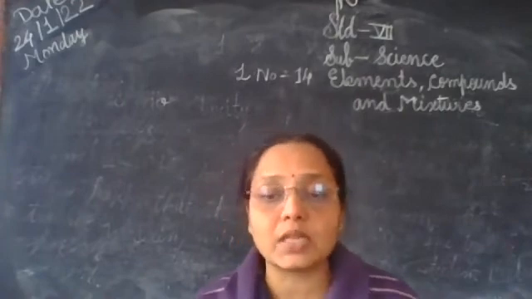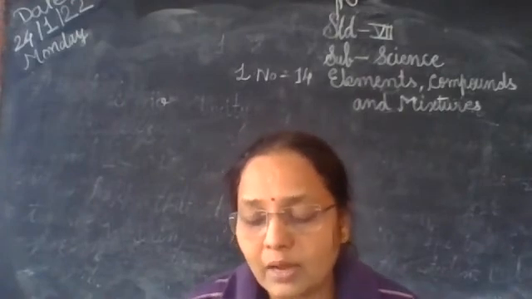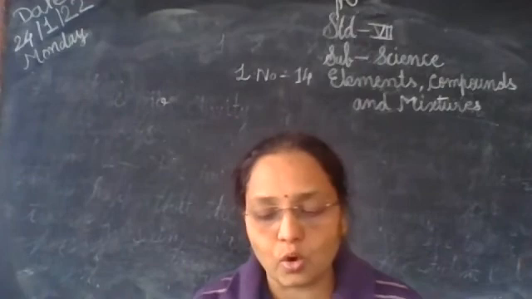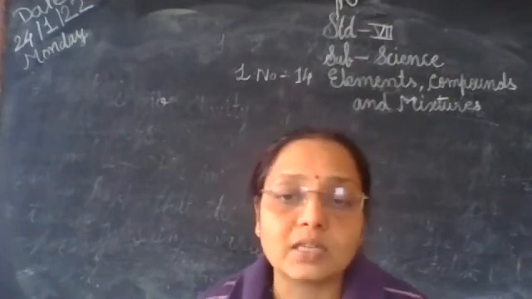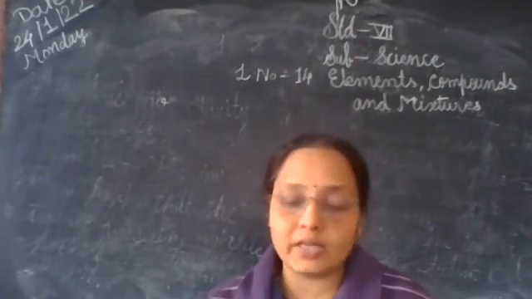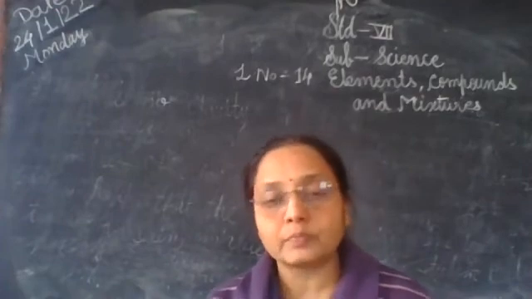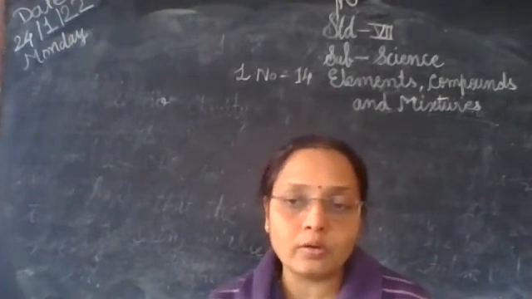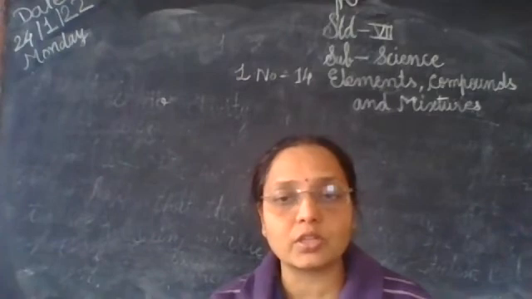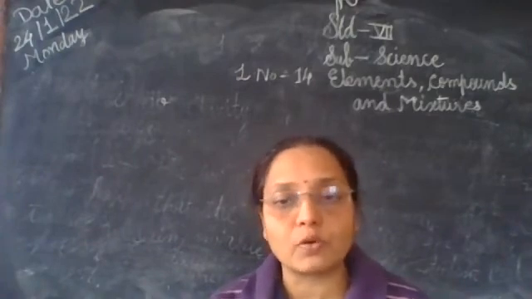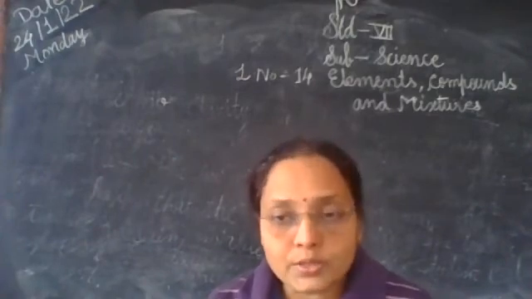Compounds means the substances formed by the chemical combination of two or more elements. Water is a compound. H2O means two atoms of hydrogen combined with one atom of oxygen, and H2O is formed.